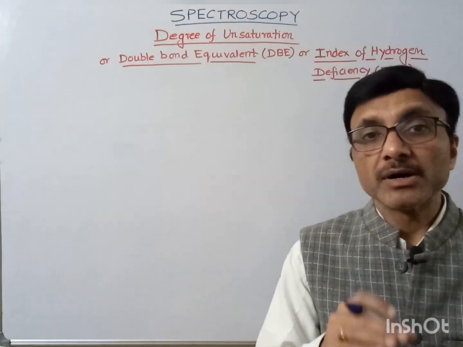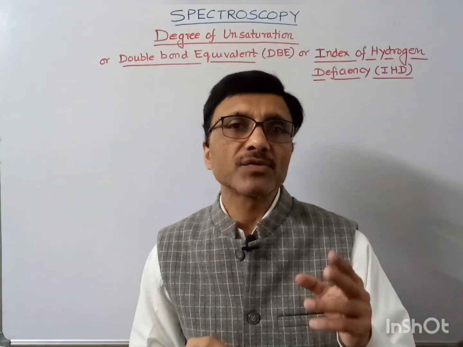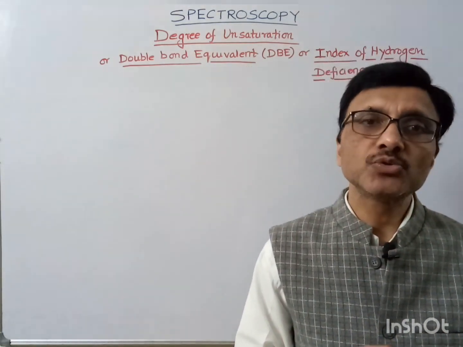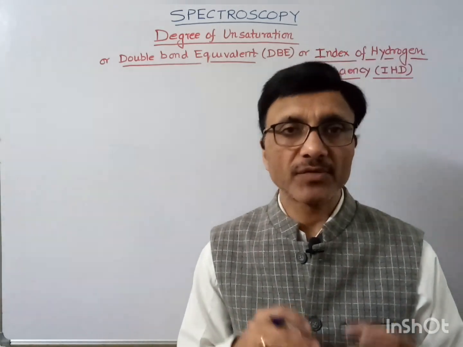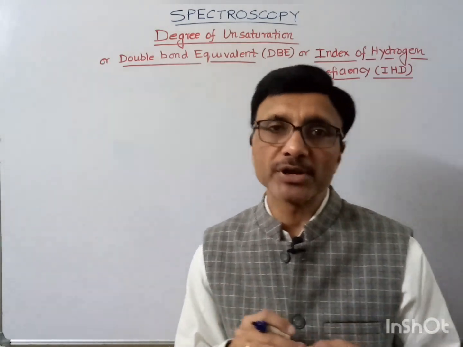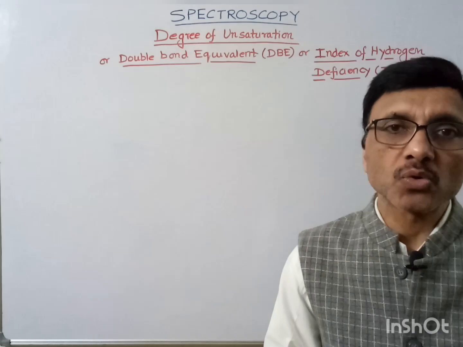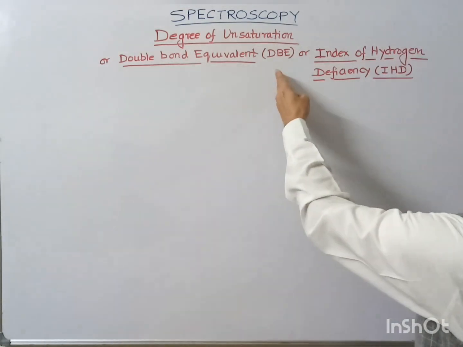But if a molecular formula is given in that problem, then our first step is to determine the double bond equivalent. Our first step in a spectroscopic problem is to determine the double bond equivalent, which is also called the index of hydrogen deficiency, DBE or IHD.